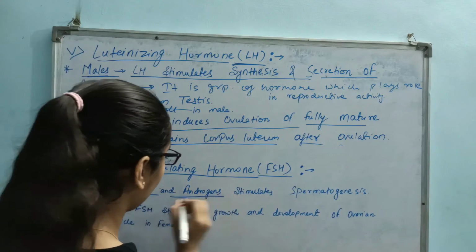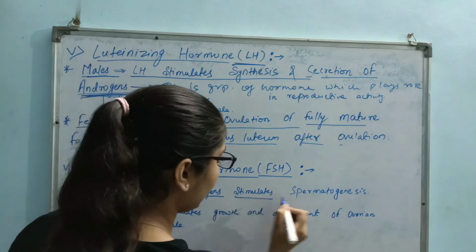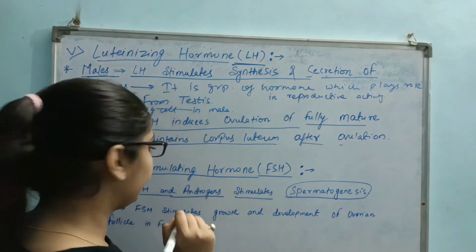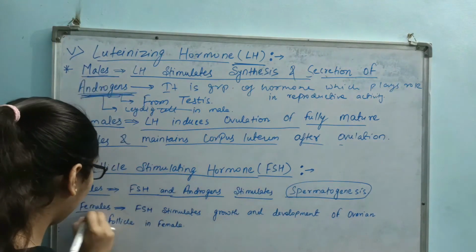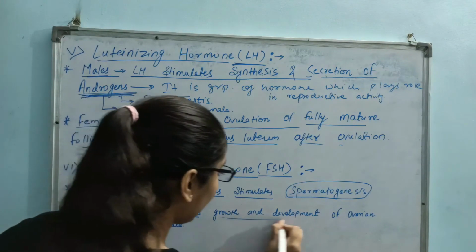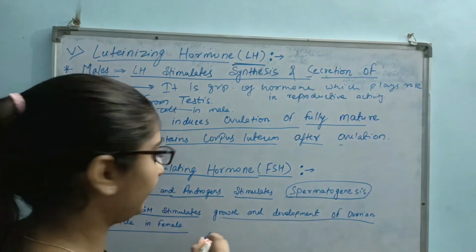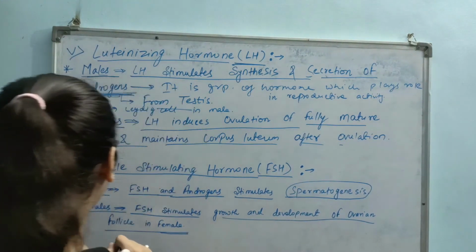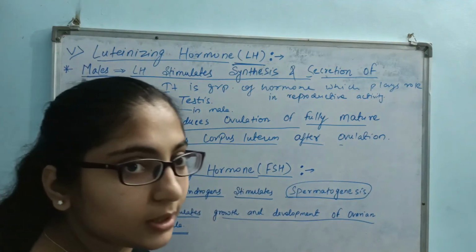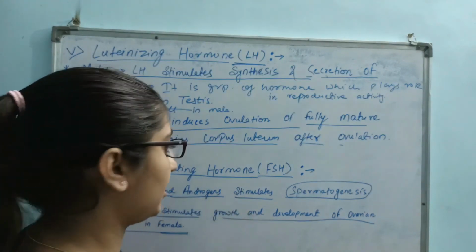FSH and androgens together stimulate the process of spermatogenesis in males, and in females its function is it stimulates the growth and development of ovarian follicles. Now these are the 6 hormones that are secreted by pars distalis.